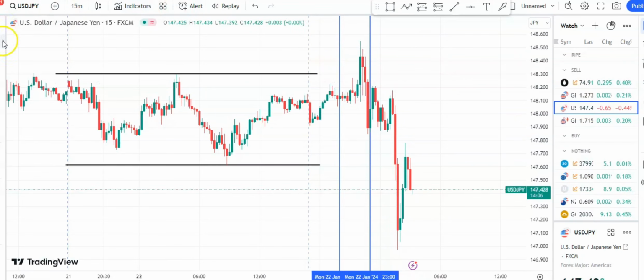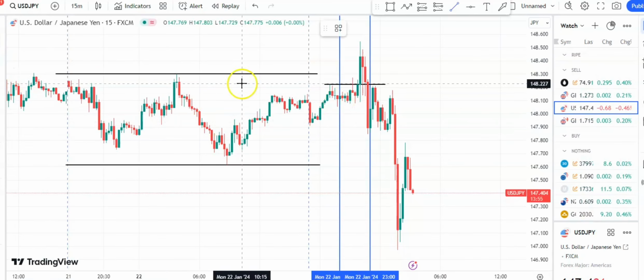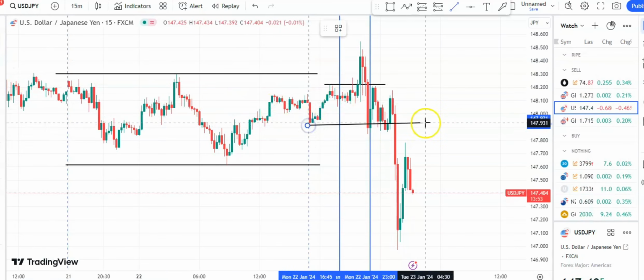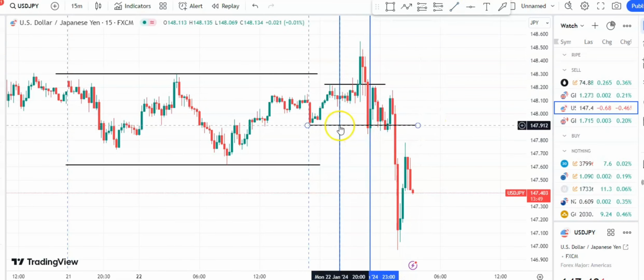And then, where is my high of the day? This is the high of the day prior to the open of my trading window, and this is the low of the day prior to the open of my trading window.